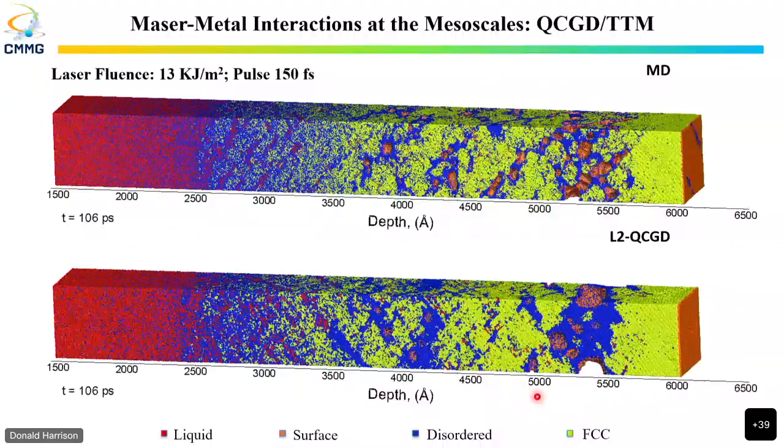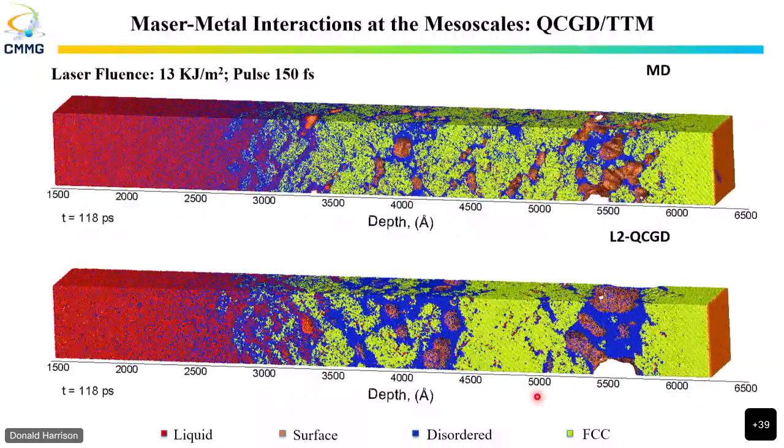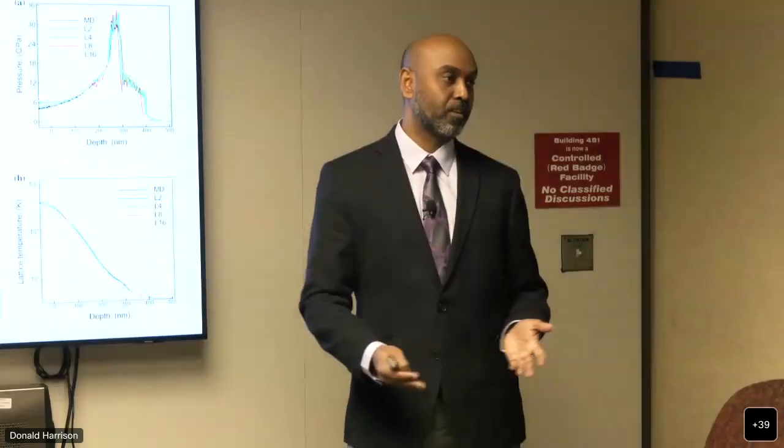So this allows us to start testing, okay, can we now scale this to higher levels of coarsening? So we take the same system and we start looking at, if you have an MD simulation for a certain fluence over here, which is defined by what we think is available experimentally, we can run the same system at different levels of coarsening. One of the things to keep in mind in coarsening is that, just like you have size effects in MD simulations, you have size effects in our coarse grain simulations.